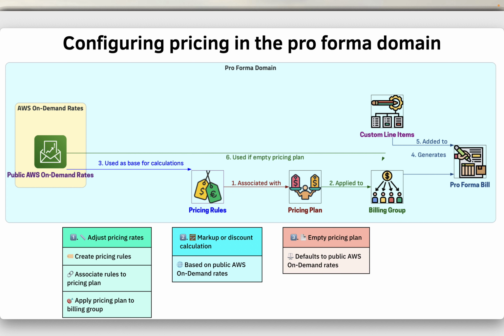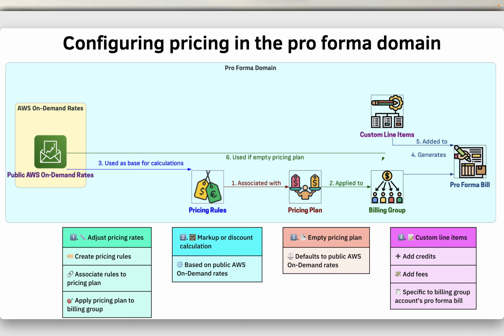If you apply an empty pricing plan to your billing group, the pricing rates default to the public AWS on-demand rates. You can create custom line items to add credits or fees to a specific billing group account's pro forma bill. So you can either give them a discount or add some extra charges. It's up to you.